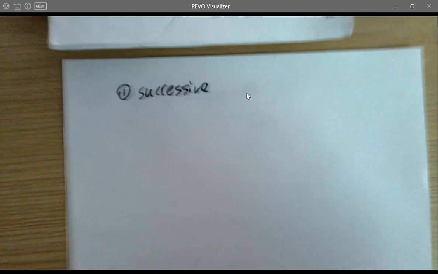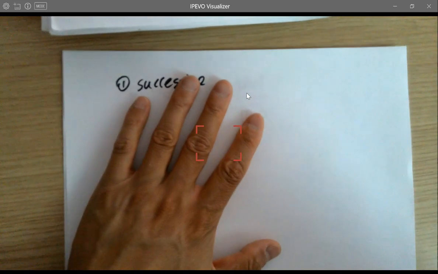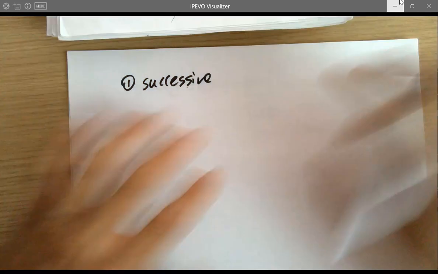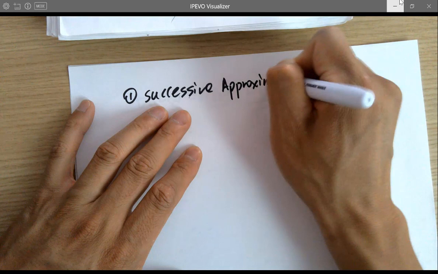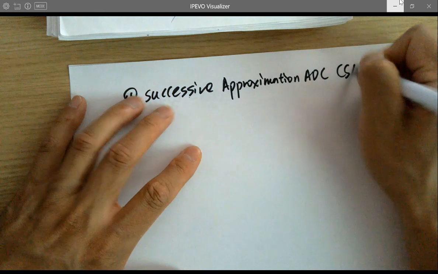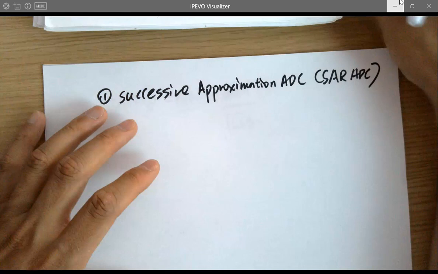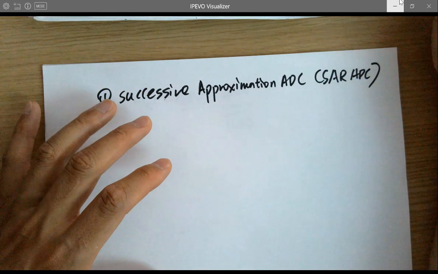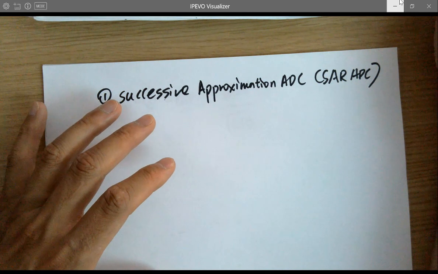Successive approximation ADC. Arduino's analog inputs, A0 to A-something, I forgot how many analog inputs it has, doesn't matter.